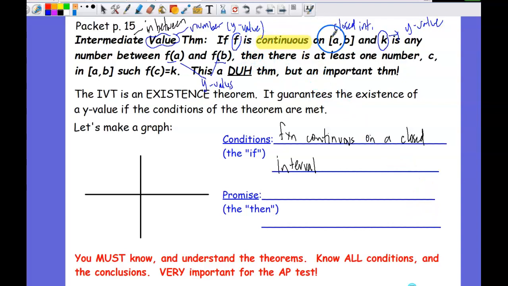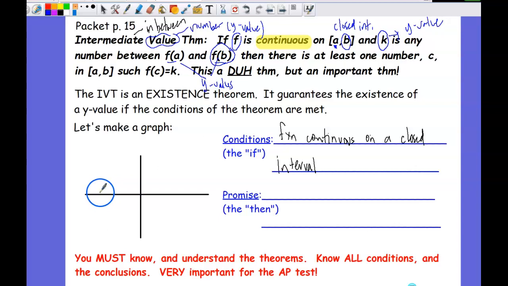So if f is continuous on a closed interval and I have a y value that is in between the y values generated by the endpoints. So the first endpoint is a, so that's a value of x. f of a is the y value generated by a. The other endpoint is b, so f of b is the y value generated by b.